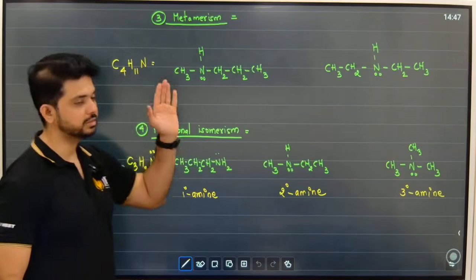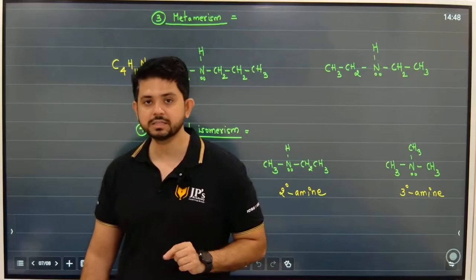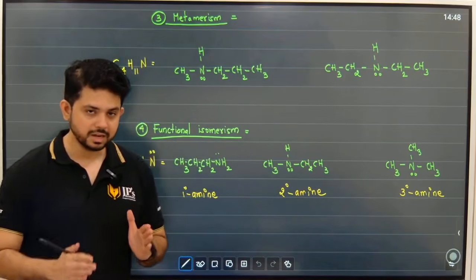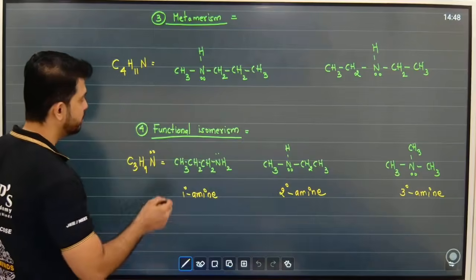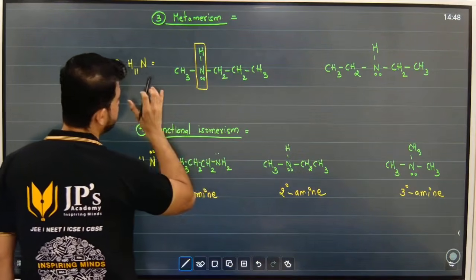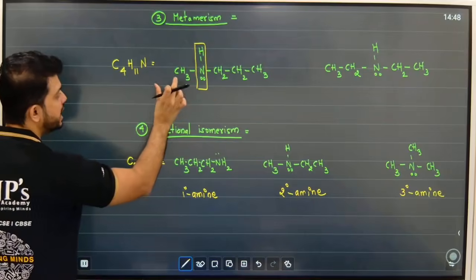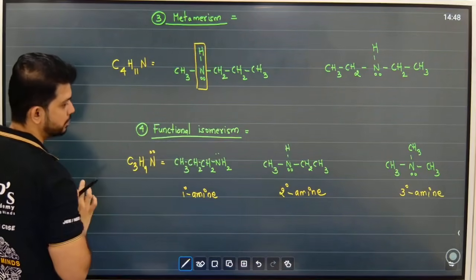Let's move ahead with the next isomerism shown by amines. We have metamerism. Let's first understand students what we mean by metamerism. Metamerism is when the molecular formula and functional group all remain the same, but different alkyl groups are attached to the functional group.